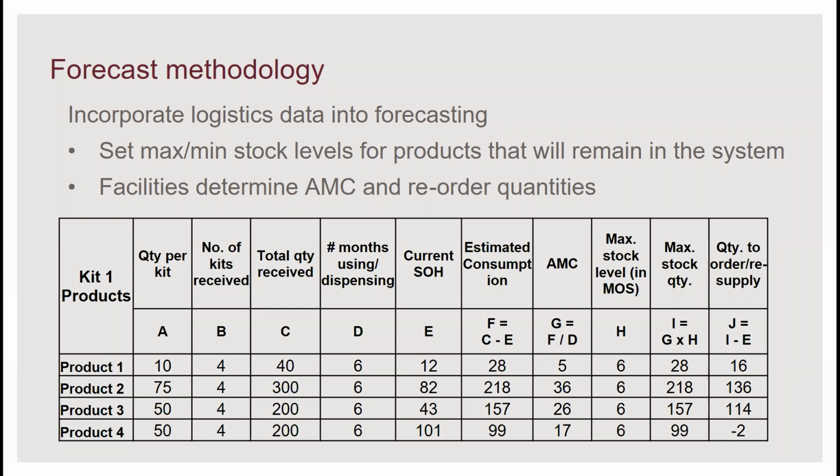Then using the max min stock levels set by the system designers, either for the products generally or specific to the new individual products coming from the kits, the facility can calculate their next resupply quantities needed, as also shown in the table.